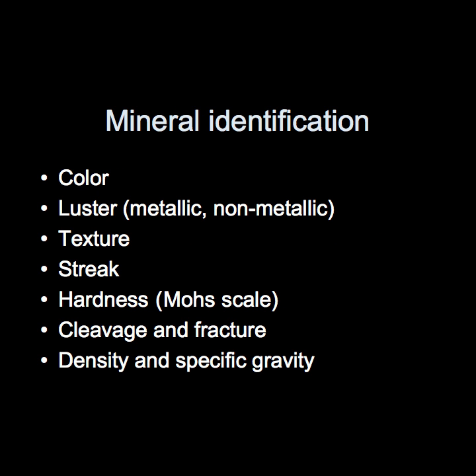So finally, we have some different ways of identifying what minerals are what. Beyond just looking at the chemical composition and the structure, we could do that. But if we're in the field and we want to know what some minerals are, these are some tests that we could run to help us identify them. So color is a non-determining characteristic of minerals, which means some minerals come in various colors.